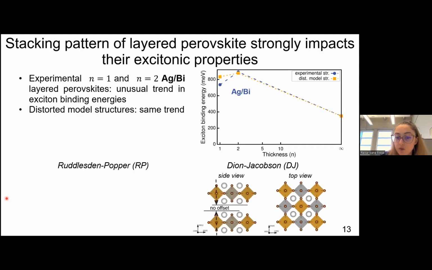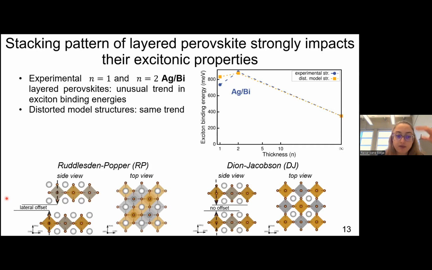The Dion-Jacobson one is characterized by perovskite layers that are ordered directly on top of each other, while the Ruddlesden-Popper has a lateral offset. And you can see this better from the top view. One has the checkerboard pattern and the other one a stripe-like pattern.